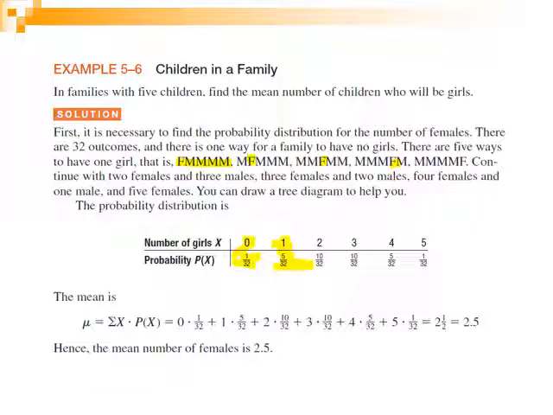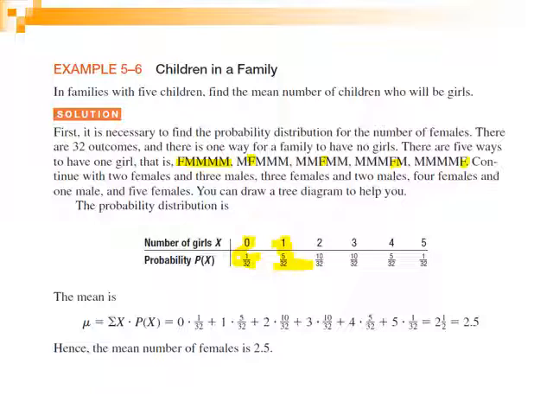And finally, the first 4 children are male and only the last is a girl, or female. So we count the outcomes that have only one girl. We find 5: 1, 2, 3, 4, 5.